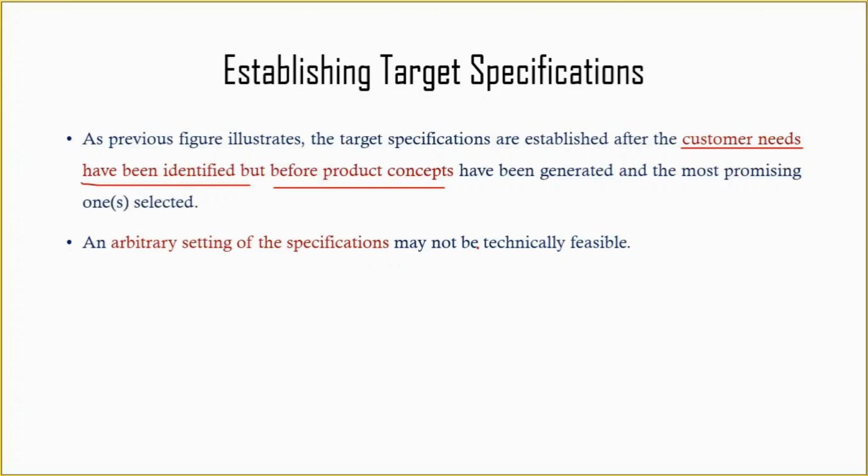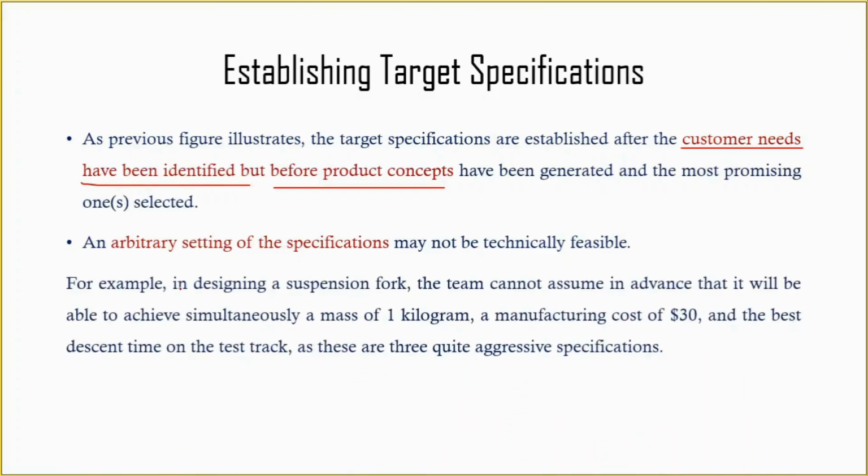For example, in designing a suspension fork, the team cannot assume in advance that it will be able to achieve simultaneously a mass of 1 kg, a manufacturing cost of $30, and the best descent time on the test track. These are three aggressive specifications. So you don't have to consider the requirement as it is. You have to analyze first, then move ahead with establishing the target specification.